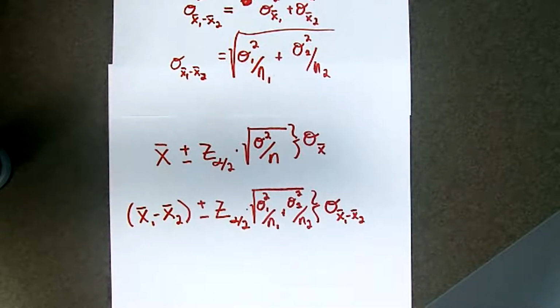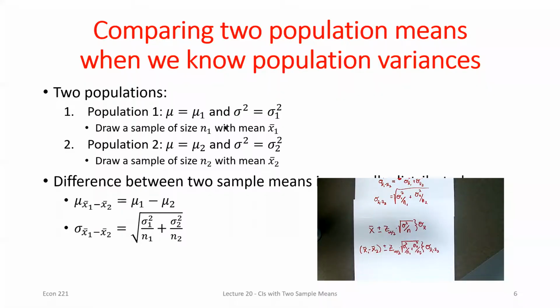Okay. Good. All right, and I'll pop this up here in the bottom. So we already said the mean for the difference in our sample means is whatever that true population difference is, the true difference in the population means might be a better way to say it. And then our standard deviation was just add up the variance of each sample mean, and then we want the standard deviation, so take the square root.